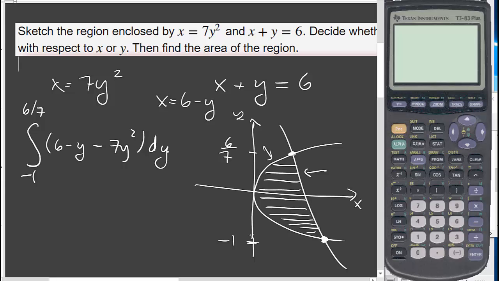And now this is simply using the power rule backwards, and if we solve this completely, we will get 2,197 over 294. And this here represents the exact area between the two graphs.